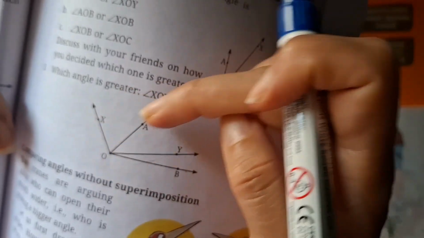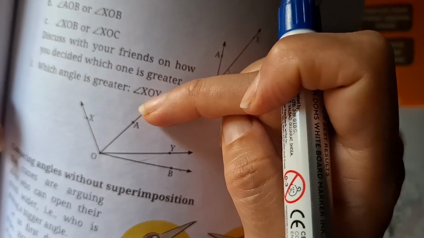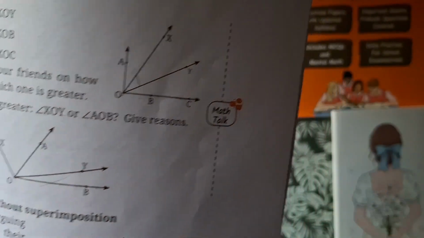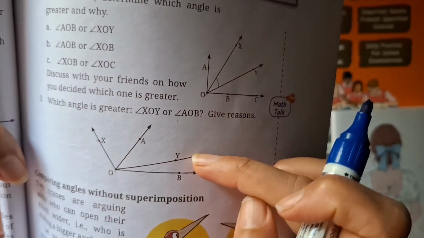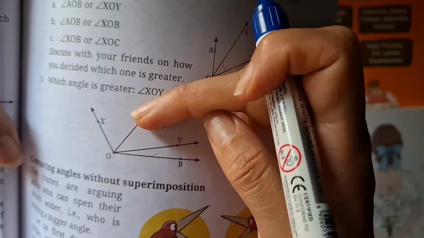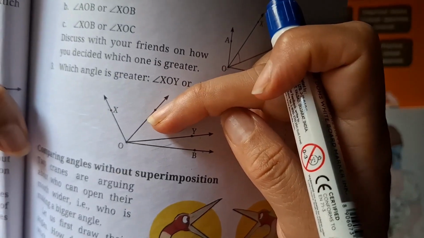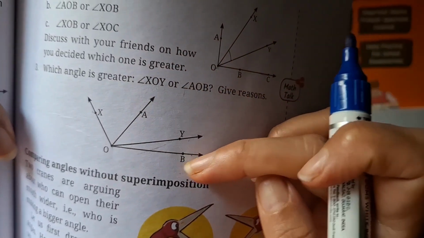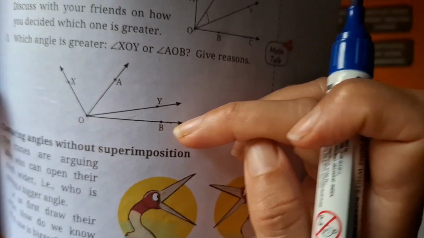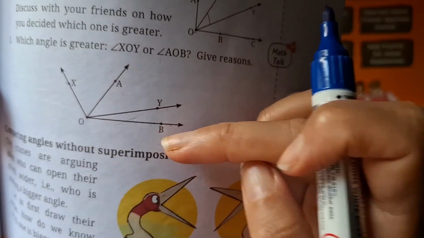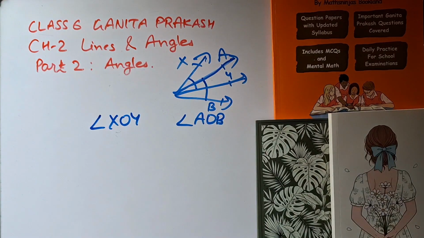So AOX is greater, which is a part of angle XOY. This is the explanation that XOY is greater, because when I take out the common part, I check the remaining part, and we see that the remaining part of AOB is smaller than the angle XOY, therefore XOY is greater.